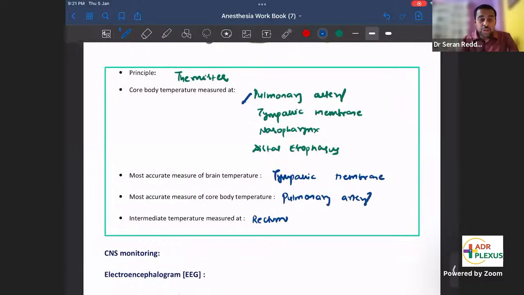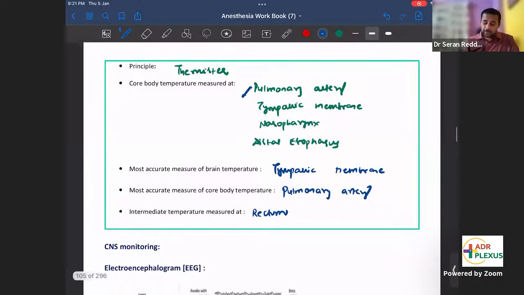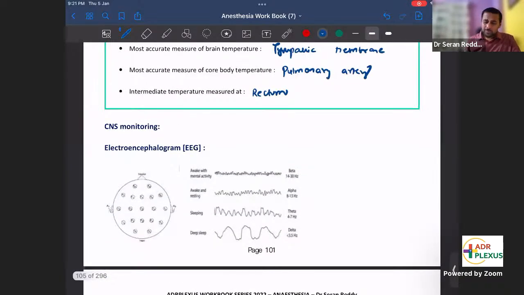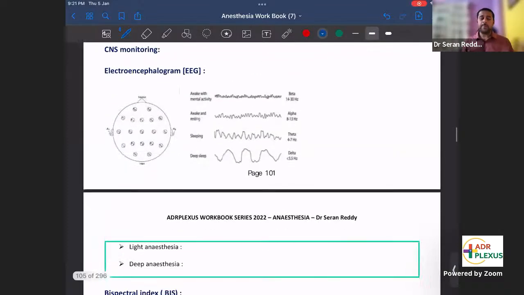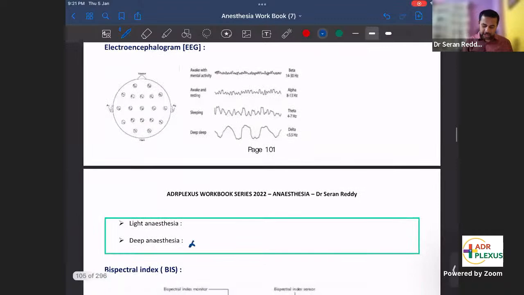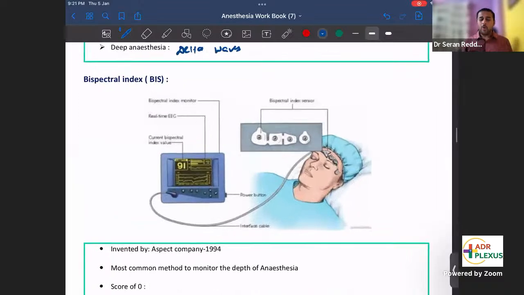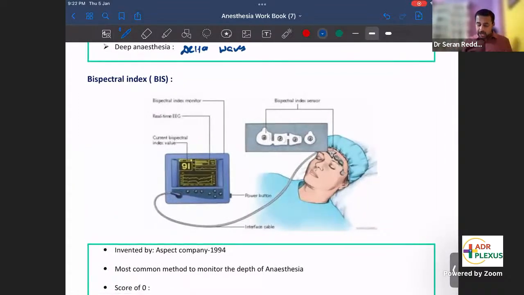Another most important thing is CNS monitoring. In previous days, there used to be EEG monitoring, electroencephalogram, where light anesthesia is synchronization of alpha and delta waves and theta waves, and deep anesthesia is delta waves. But this is not important for us. The important thing is the bispectral index. Very, very important. Instead of the 19 or 20 leads of an EEG, they kept 4 leads on the forehead.